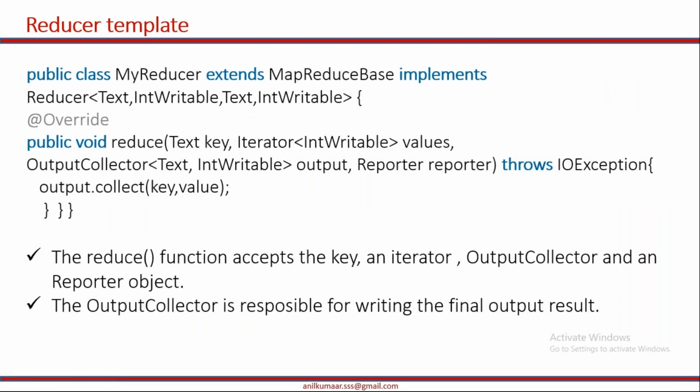Look at the template. So public class MyReducer has to extend the base class and has to implement the Reducer interface, and these are the generics. And here also the same thing: the reduce function has to go with the key and the iterator. Why are you going with the iterator? Because it's receiving the intermediate data from multiple mappers, isn't it?